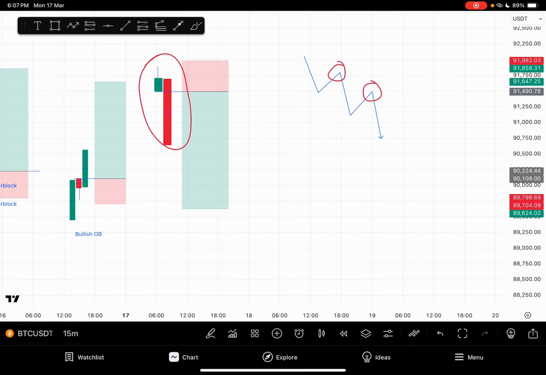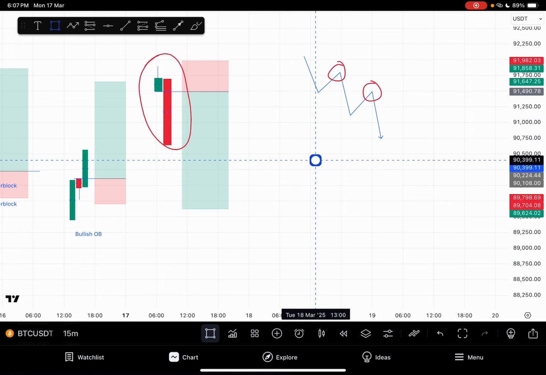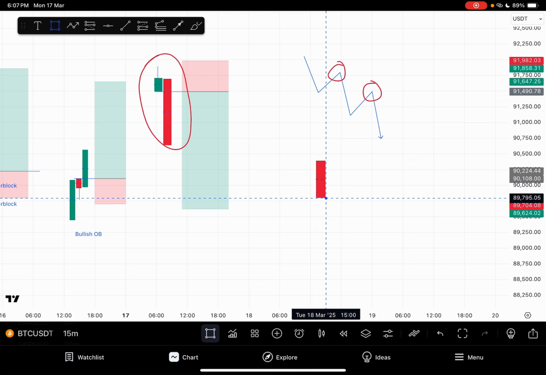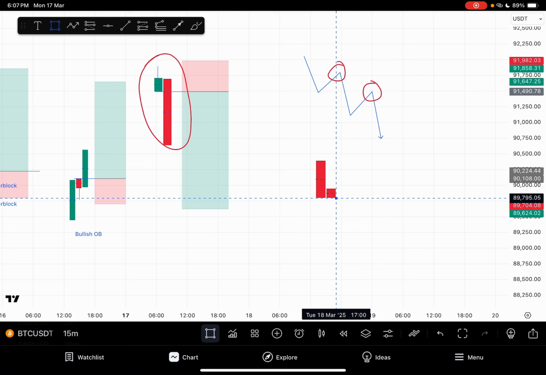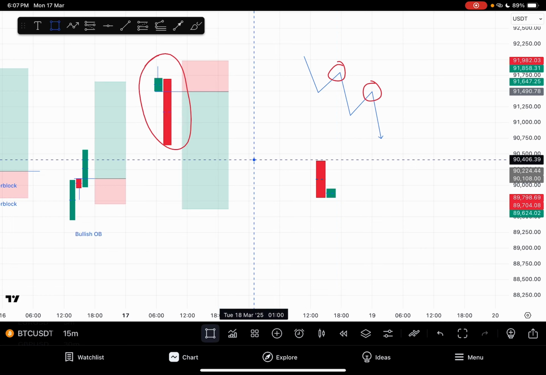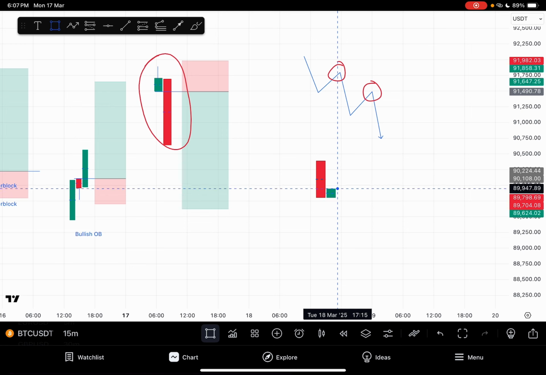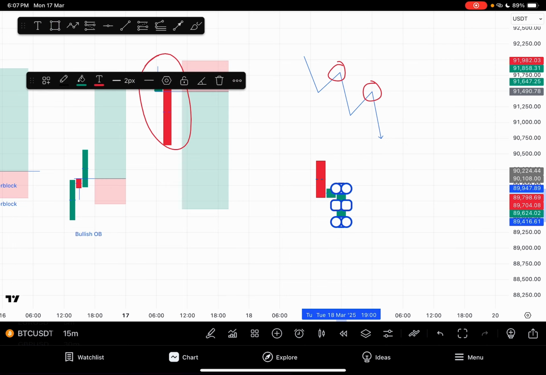And for the other type of a bearish order block, firstly you see a red candle, then next you see a green candle at the middle, followed by a red candlestick, again at this point here.